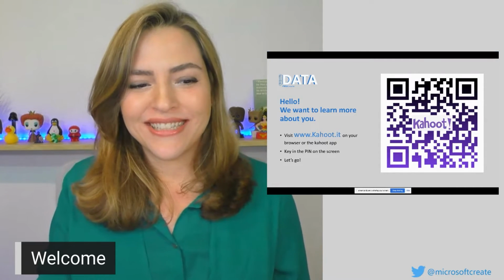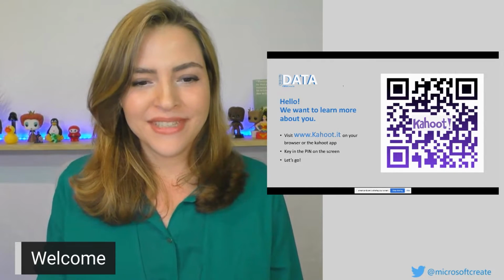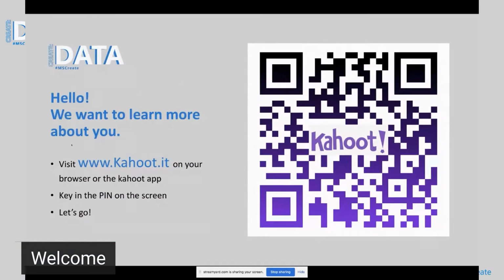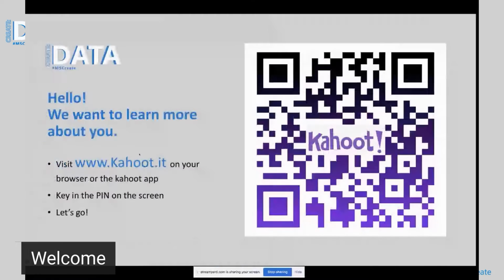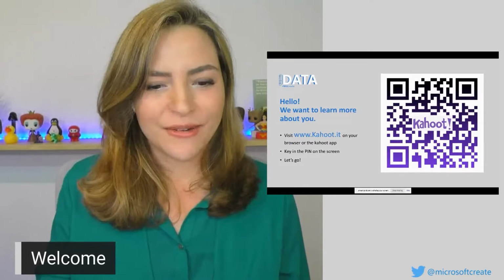Before we start, I would like you to first go into the Kahoot. So scan the barcode now. After scanning the barcode, you're going to get to a screen where you have to put your PIN code in. So let me share the PIN code with you so you know what to do. I'm going to open it now for you.